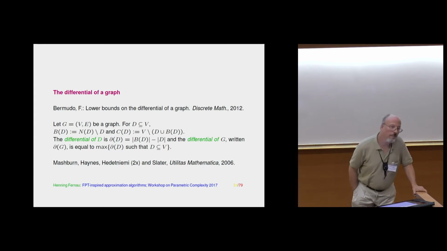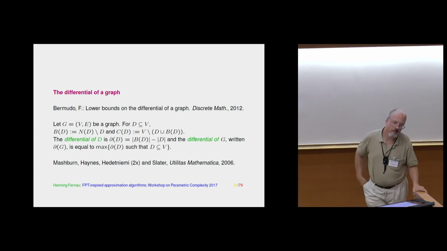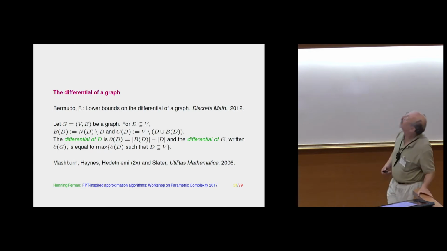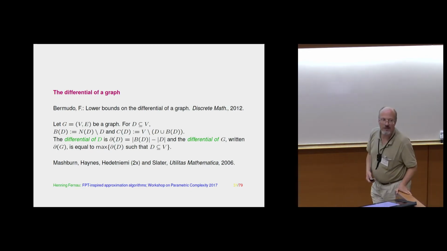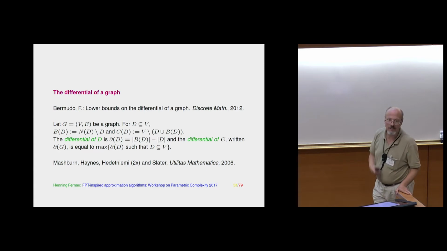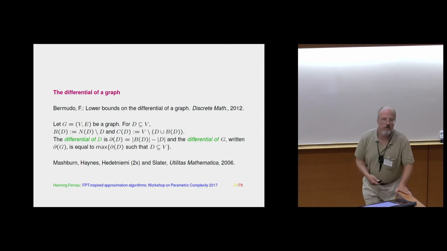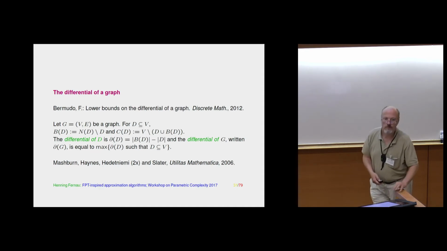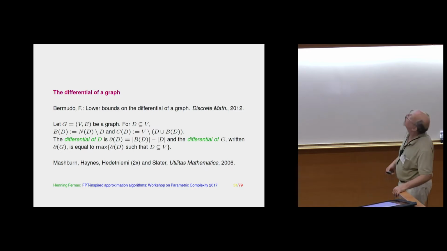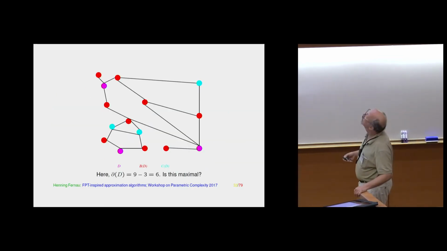Yes, but there might be bigger ones. I mean, this is the hook here. I need not dominate everybody. So you could have a graph where the optimum dominating set is the set that gives you the optimum differential available.